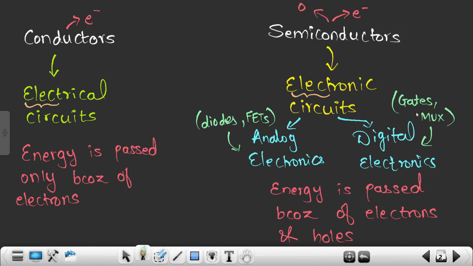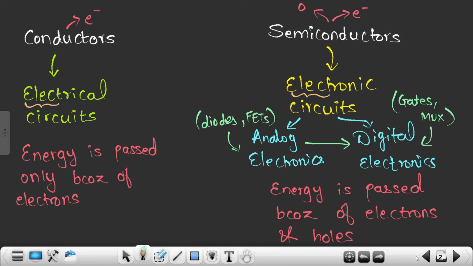If you look clearly, digital electronics is derived from analog electronics. You cannot make gates without the help of diodes or transistors. With the help of transistors you can easily make logic gates, and with logic gates you can make flip-flops, latches, etc. The basic component for digital electronics is analog electronics, and for analog electronics the basic concept is semiconductors.